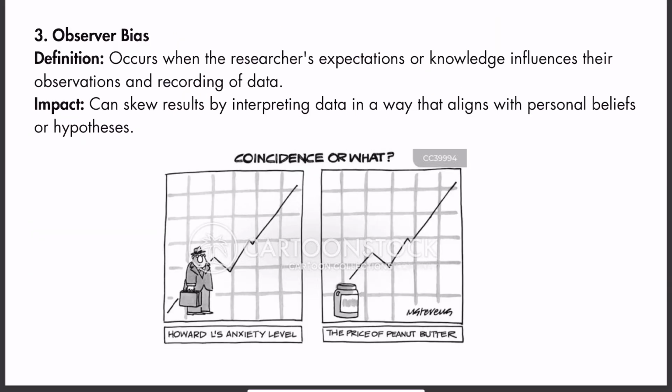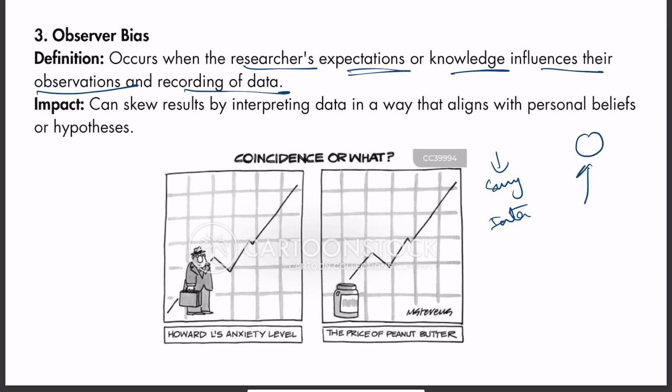Observer bias occurs when the researcher's expectation and knowledge influence their observations or recording of data. So imagine as a researcher you have to take a survey or certain interviews, and you've already formed a hypothesis in your brain that this has to be correct.